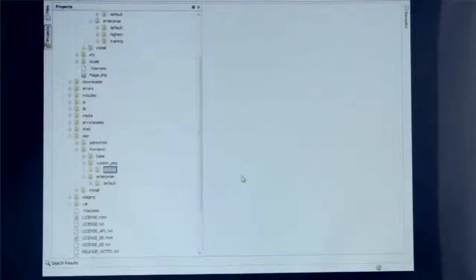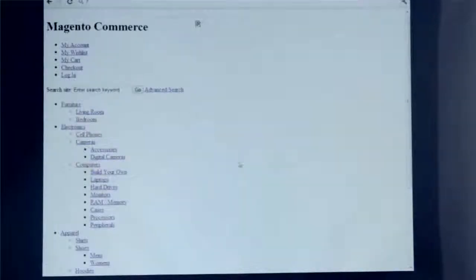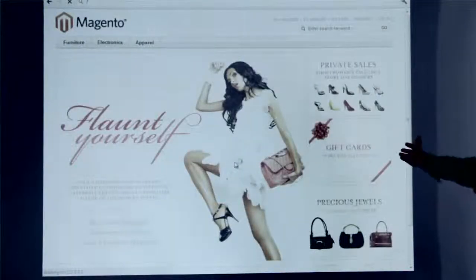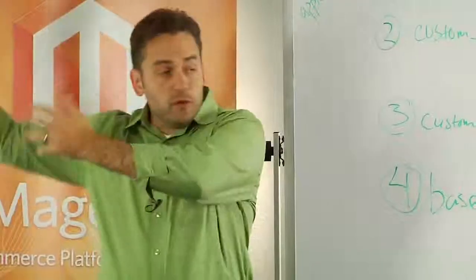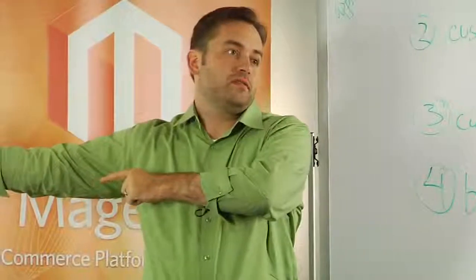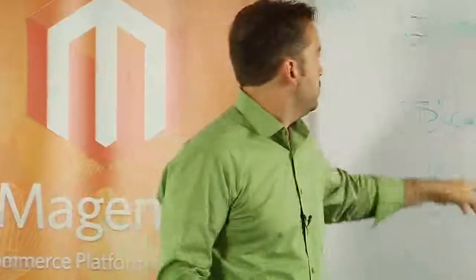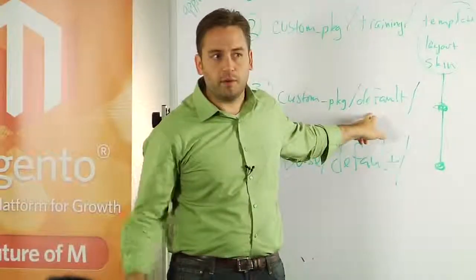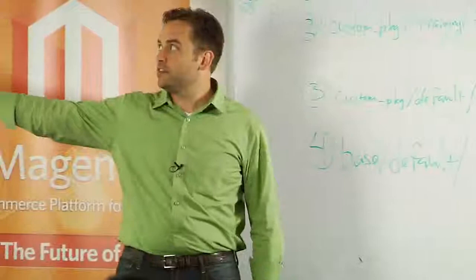Yeah, where I fix it. And now, voila. This is my package. This is custom package default. Okay? So I'm not using Enterprise anymore, but I have the exact same appearance.